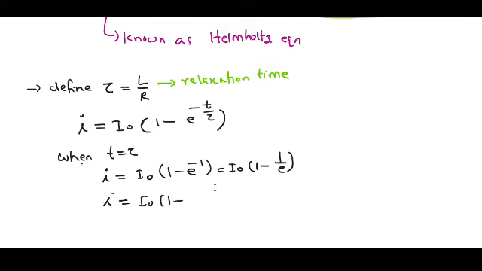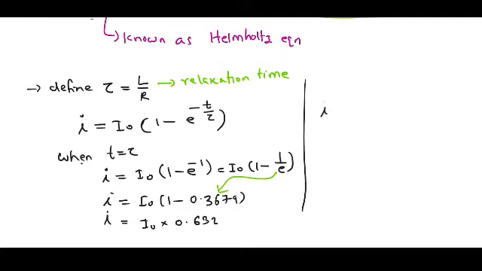It is 0.3679. Therefore, if I subtract 1 minus 0.3679, this will be 0.6321, or I will write this, I is equal to 63.21% of I0.